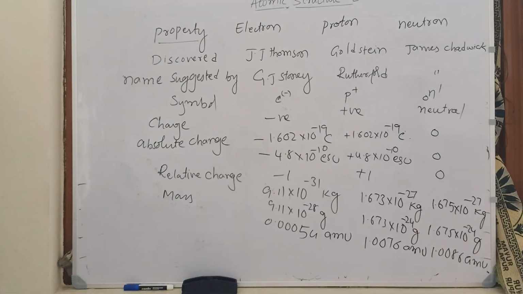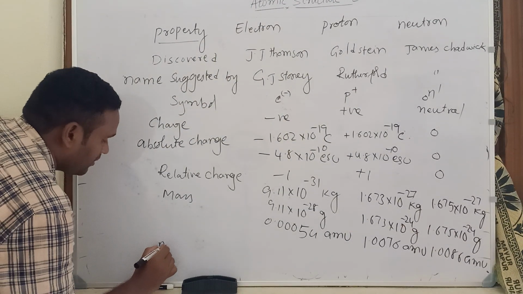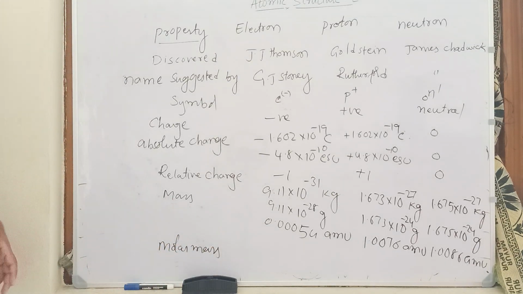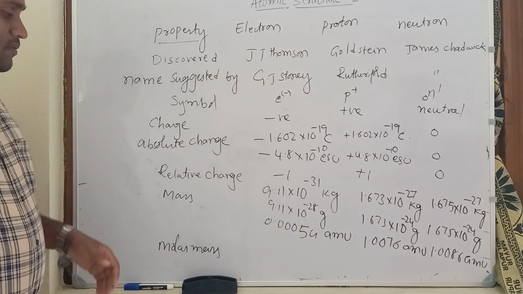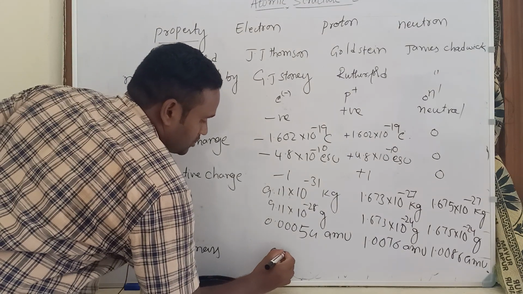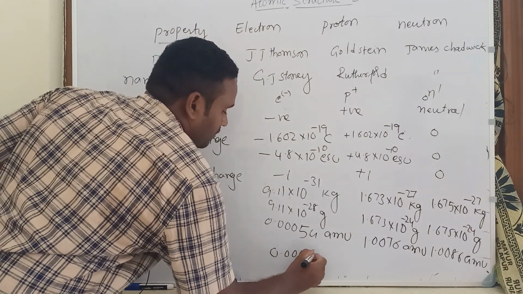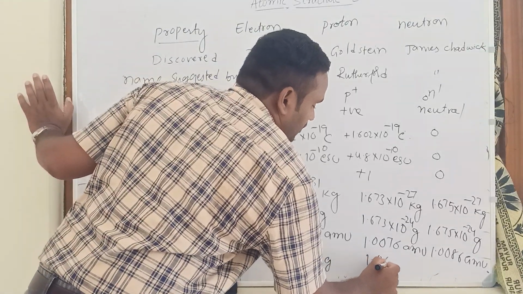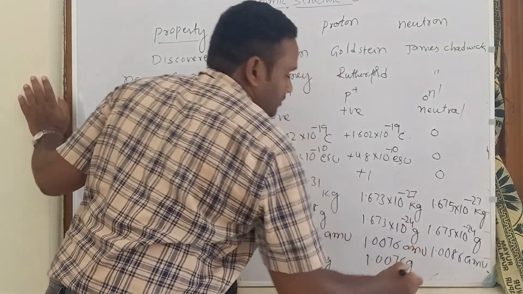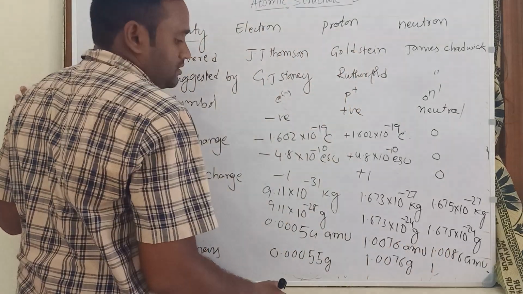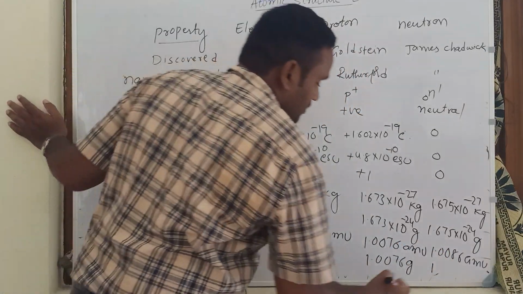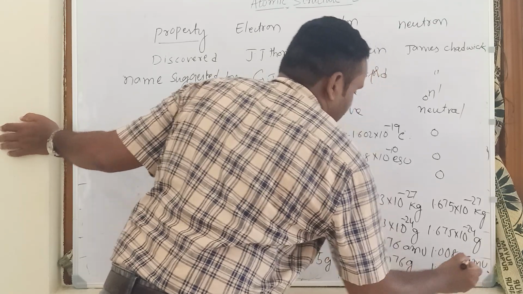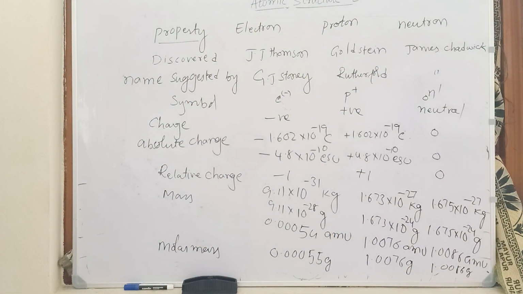And the mass of 1 mole, the molar mass, is nothing but the mass of 1 mole of substance. The mass of 1 mole of electrons is 0.0055 grams. For the proton it is 1.0076 grams, and the neutron molar mass is 1.0086 grams.